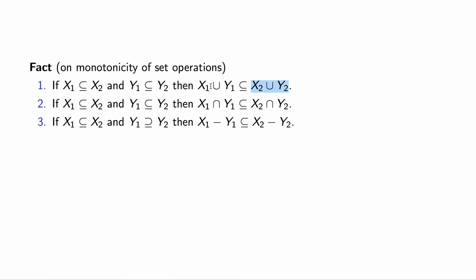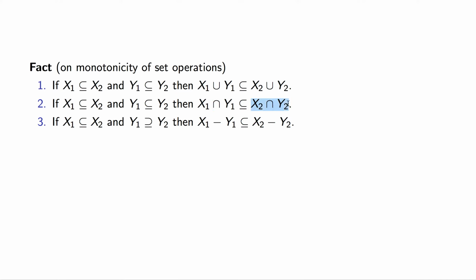The union operation is monotonic or increasing in this sense. Similarly, for the intersection, when I replace x1 and y1 by supersets, the result of the operation is a subset of the new expression.